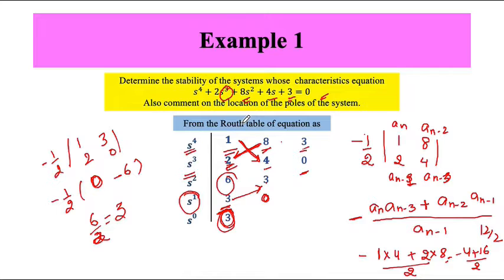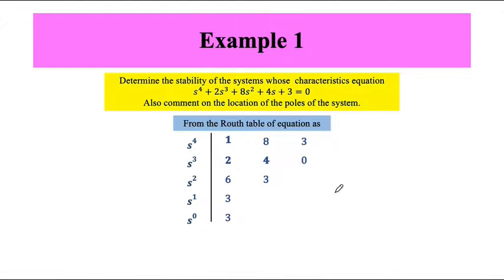So let's write the first column only. I will just erase this. So this is my first column elements: positive 1, positive 2, positive 6, positive 3, positive 3. So all the signs are positive, and there is no sign change.